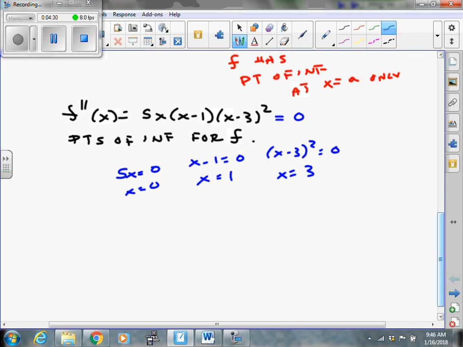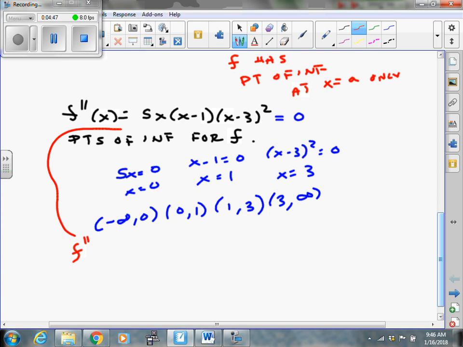Now, they're not inflections until we see there's a change. So I'm going to set up my intervals to check concavities. Of course, I'm checking for concavity, so I'm looking at the double derivative.